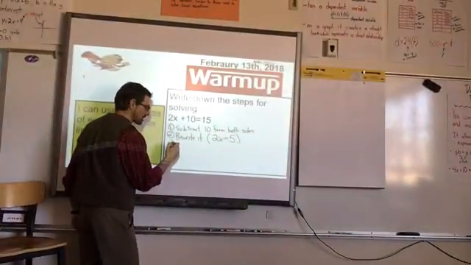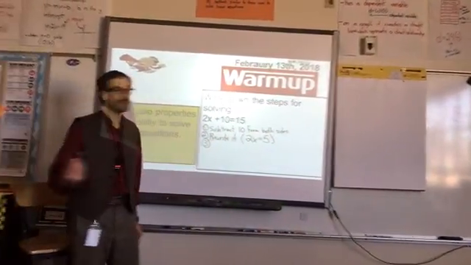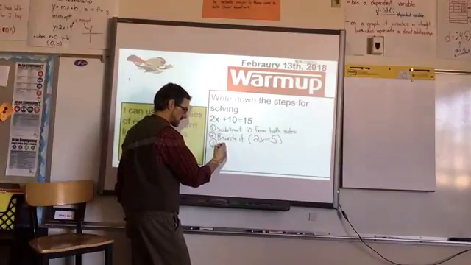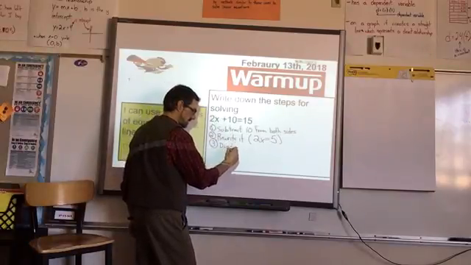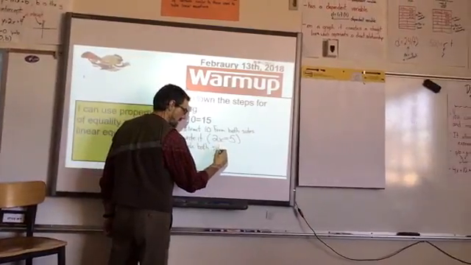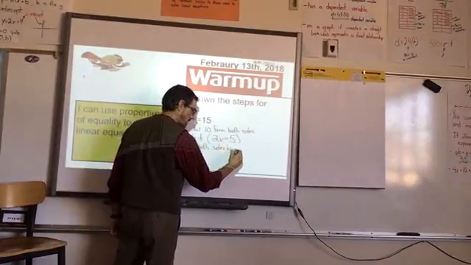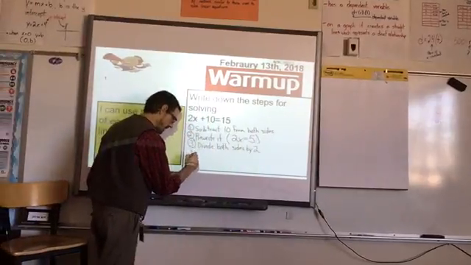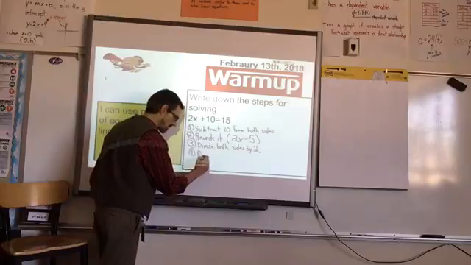So, Shannon, you were partially right. Yes, but I have to always make sure that I understand that I'm actually dividing both sides. So I divide both sides by 2. So then what do I do? I rewrite it again.